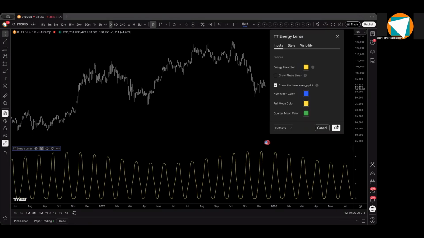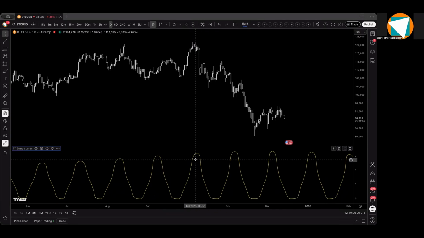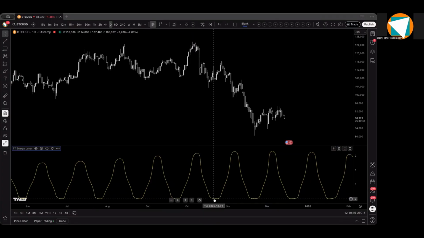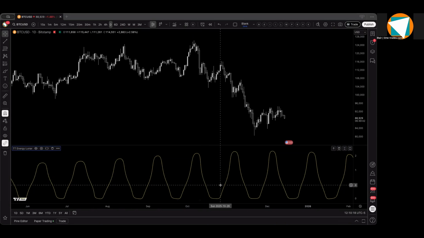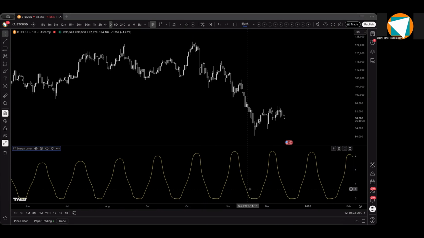Now, it's important to understand that in any given month, I'm really only calculating 4 points here, okay? I'm calculating the point of energy at full moon, at new moon, and at quarter moons. So what happens in between those points, I have not calculated.